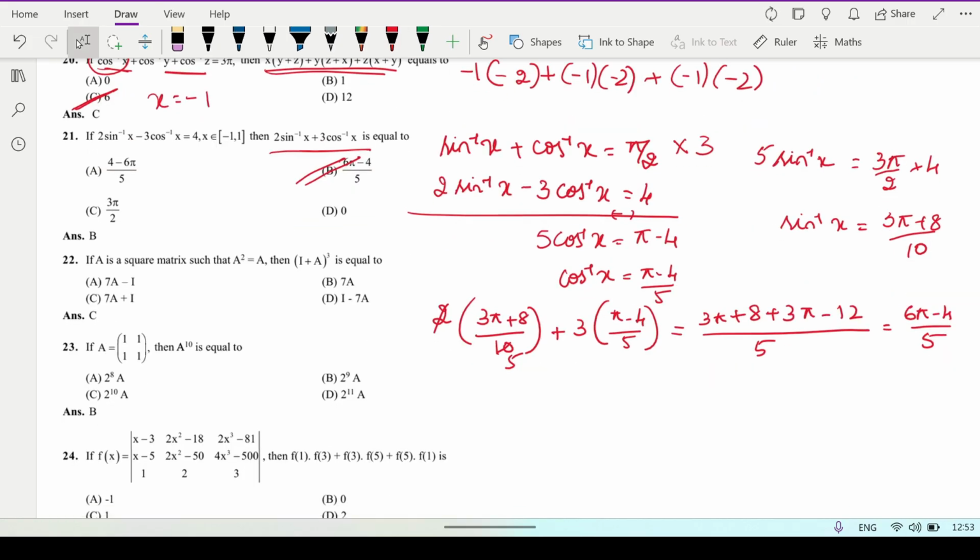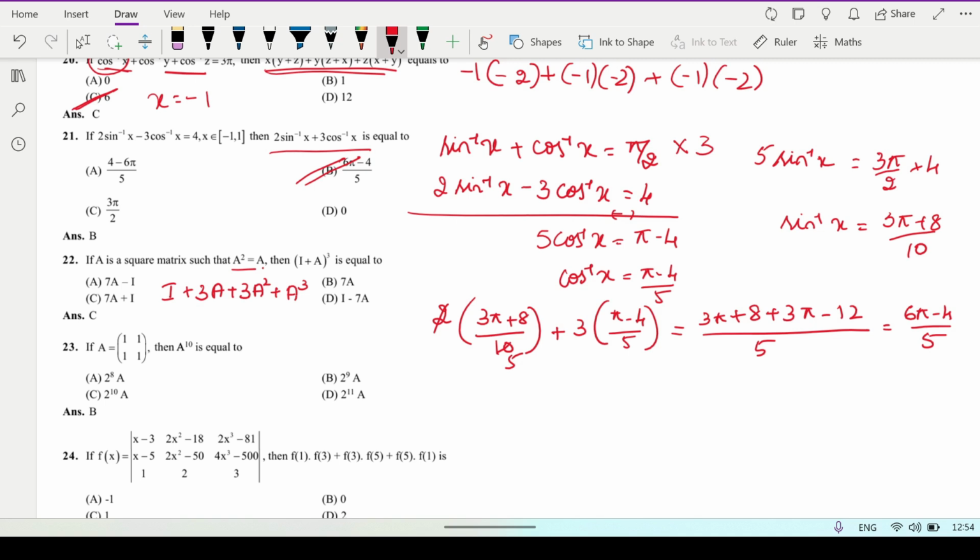Next one. If A is a square matrix such that A square equal to A, then A plus I whole cube is equal to... A square equal to A means A cube will be equal to A again, right? Therefore, if we expand this using binomial theorem, we get I plus 3A plus 3A square plus A cube.